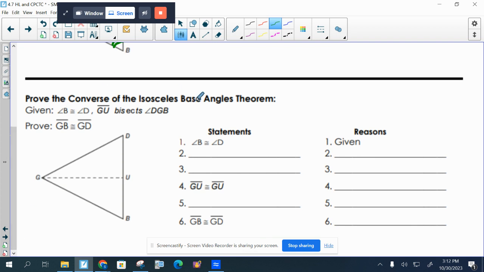So now we're going to prove the converse of the isosceles base angles theorem. So we're going to start with saying that the base angles are congruent and GU bisects angle DGB.